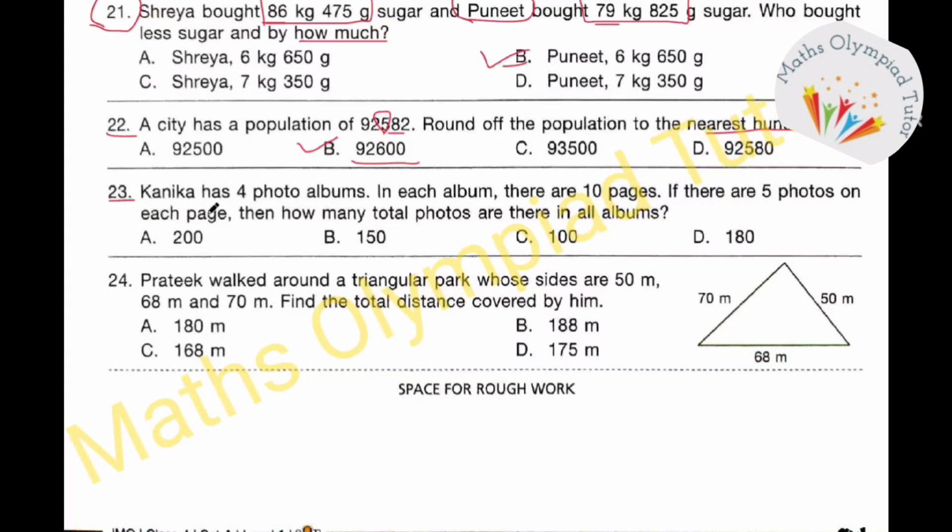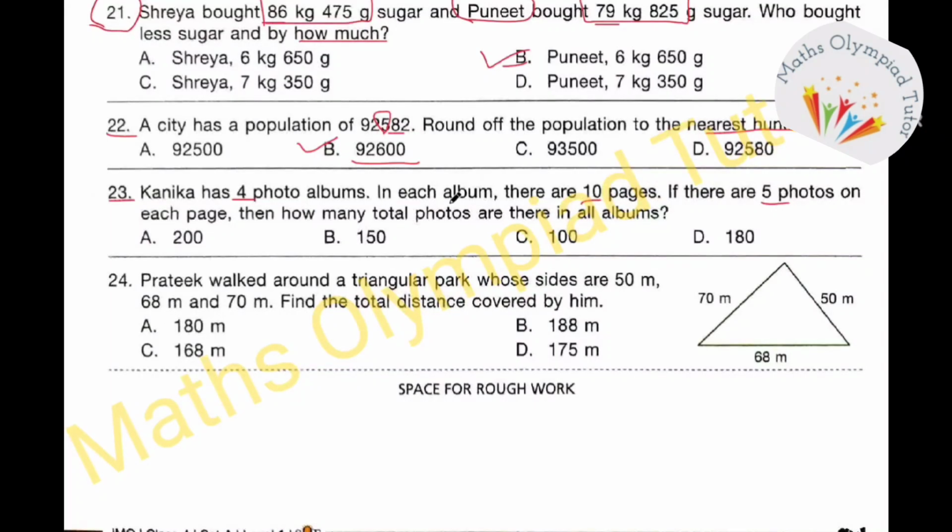Next question is, the girl Kanika has 4 photo albums. In each album there are 10 pages and there are 5 photos on each page. Question is how many total photos are there in all the albums? So 4 photo albums are there, 10 pages in each album.